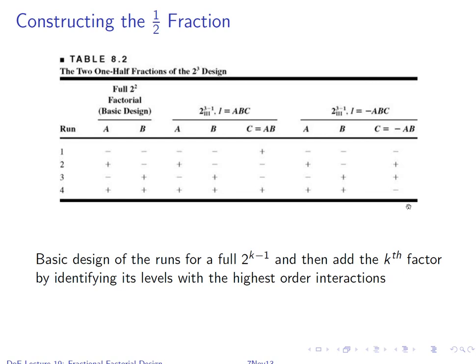And if we look at the 2 to the 3 minus 1 resolution 3 design, this is A plus ABC minus B minus C. And you can see by looking at that design matrix that this is not confounded with any other main effect, that the main effect of A is definitely separate from the main effect of B or C, but also separate from any two-factor interaction, except for the BC case.